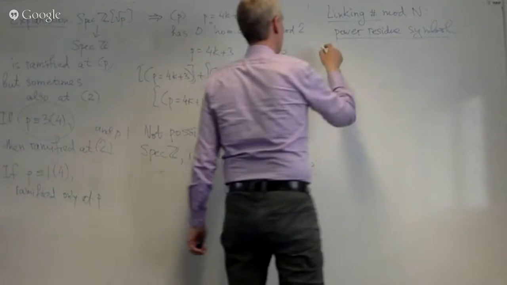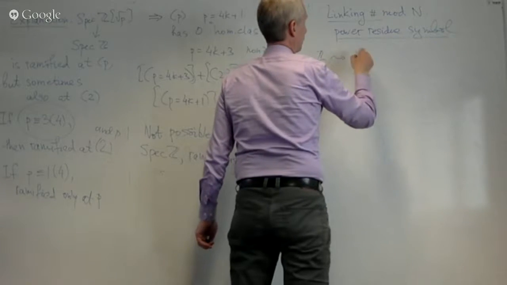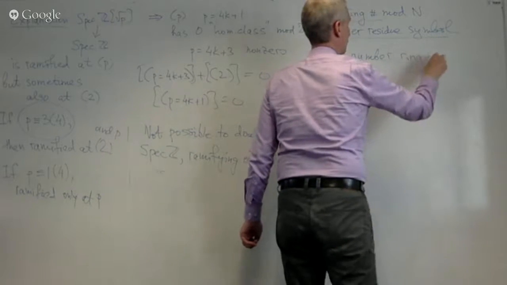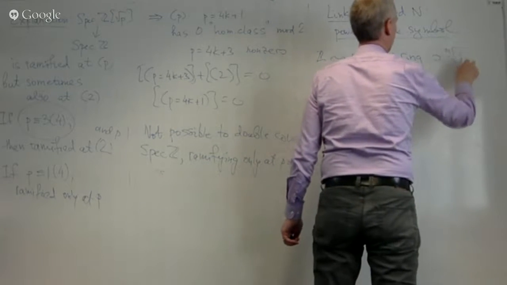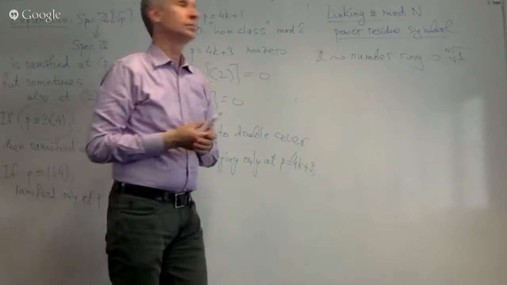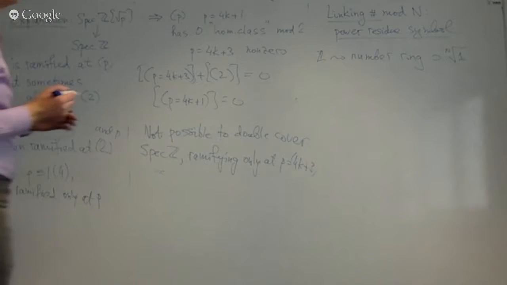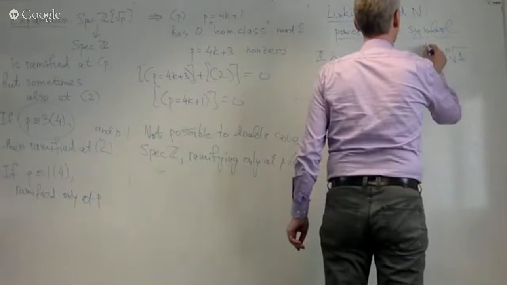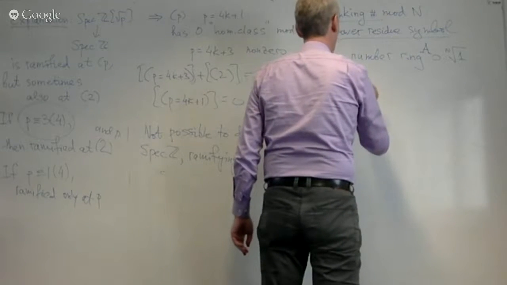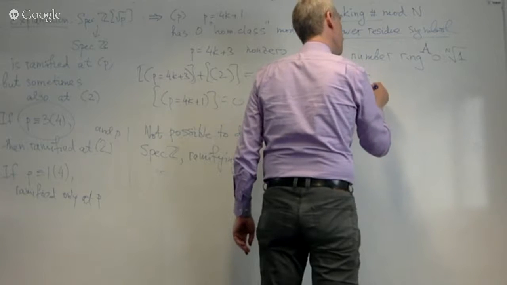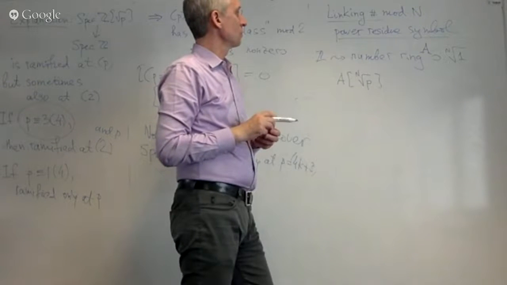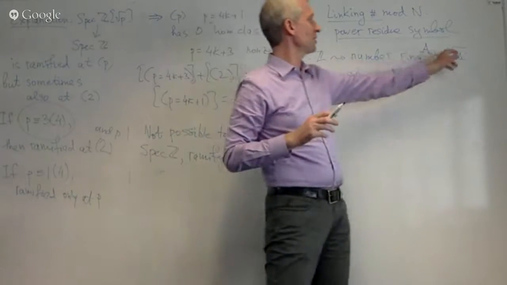Instead of Z, we need a number ring which should contain nth roots of unity. And then we can take an nth root of some element. But in the case n equals 2, we don't need this because we already have second roots of 1, since minus 1 is never a problem.